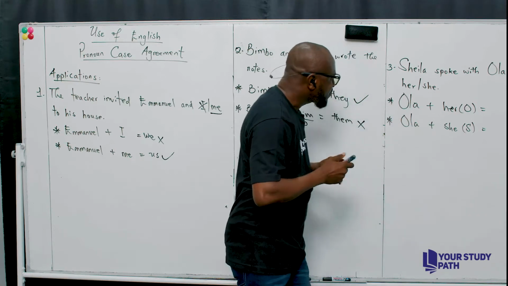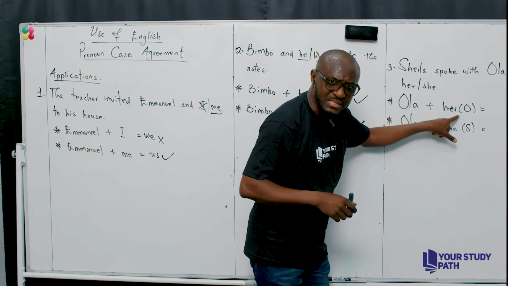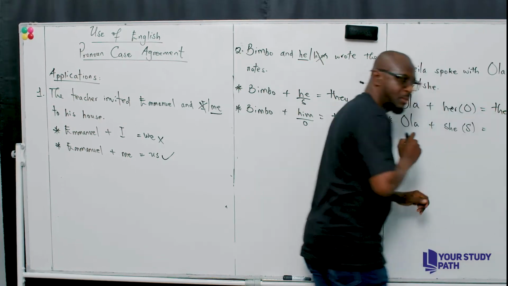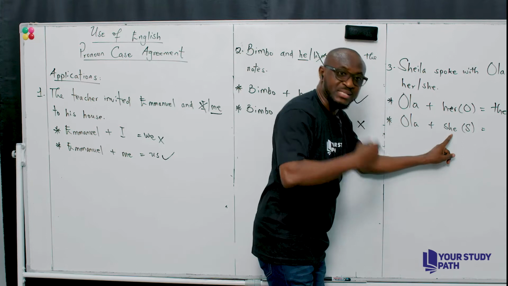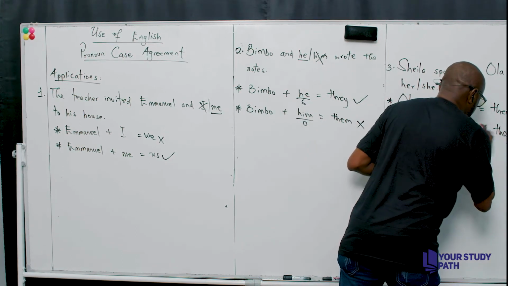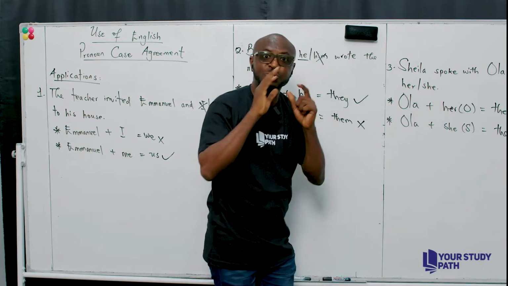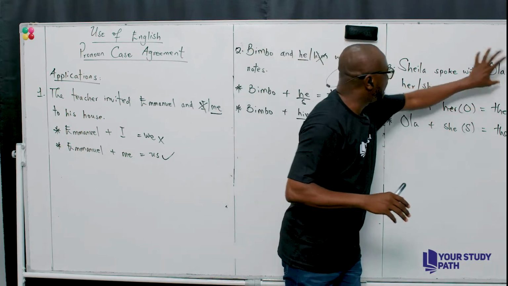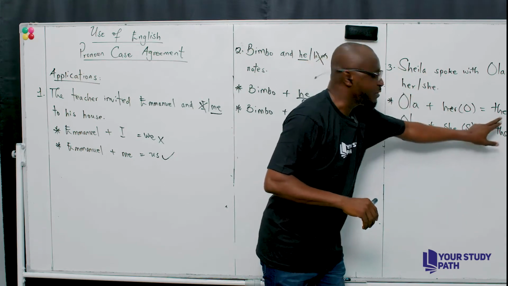Now let's move on. This is an object case, so it will give us them. All right? She is a subject case. It will give us what now? They. As usual, let's substitute now. In place of Ola and her, put them.